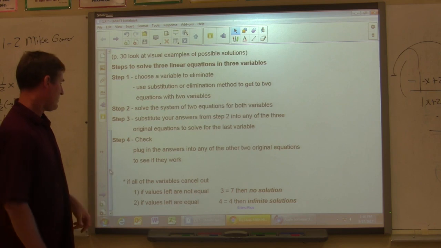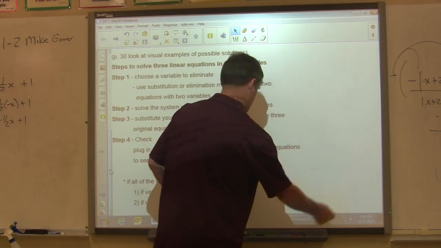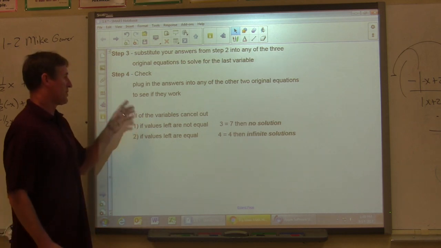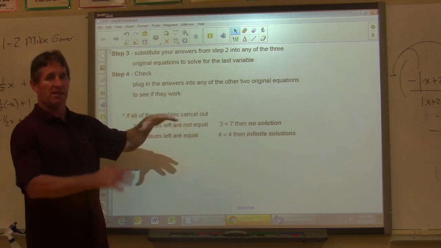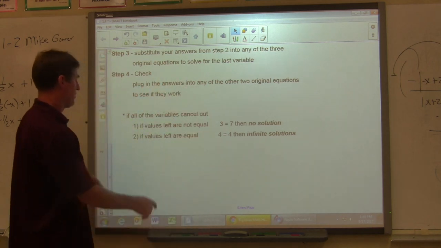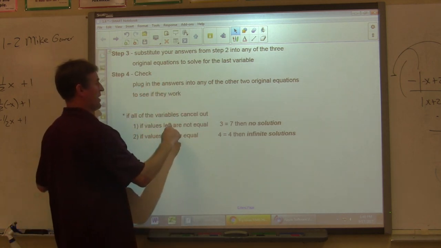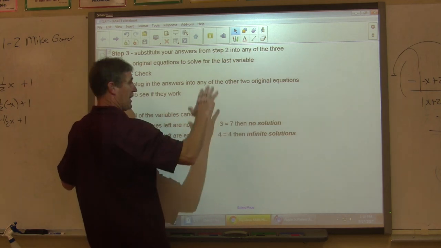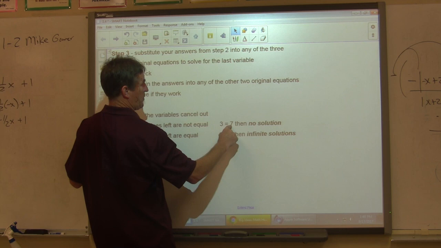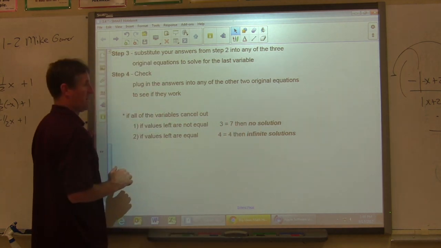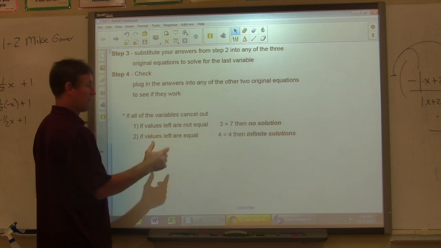The other thing is that there's a possibility that the variables will cancel out. If all 3 variables cancel out as you do the problem, and the values left are not equal, so let's say the x's, y's, and z's all cancel and I get 3 equals 7, then there's no solution, because 3 is not equal to 7.